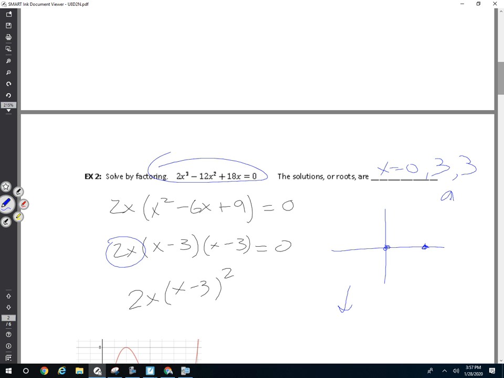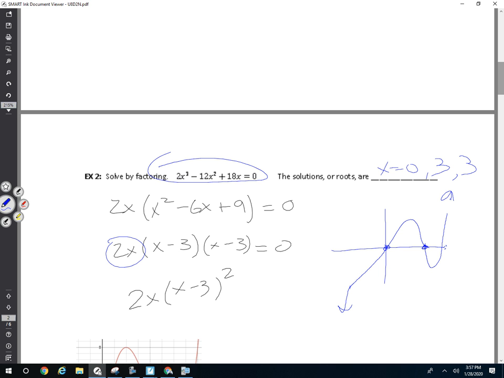What's the problem here? I can't go through 3 and then come back up. Right? Because then I'd have another 0. But I only have 2.